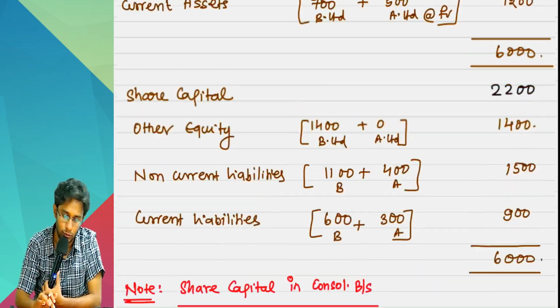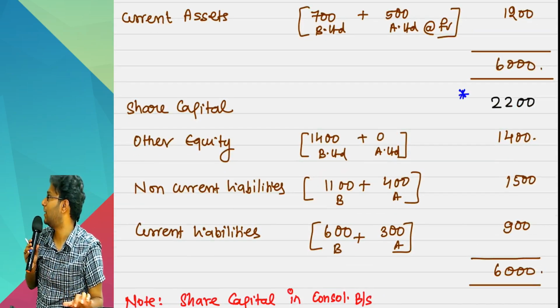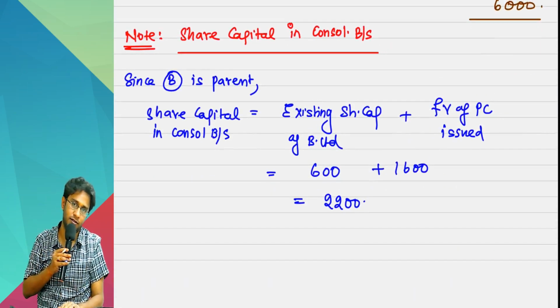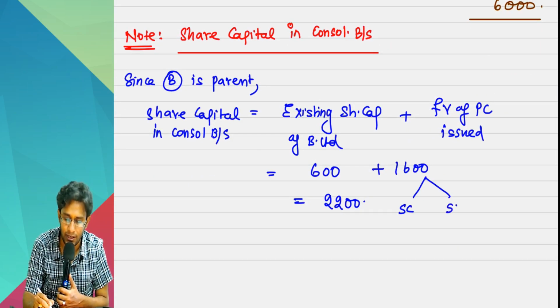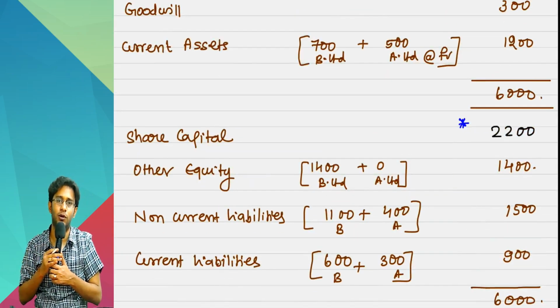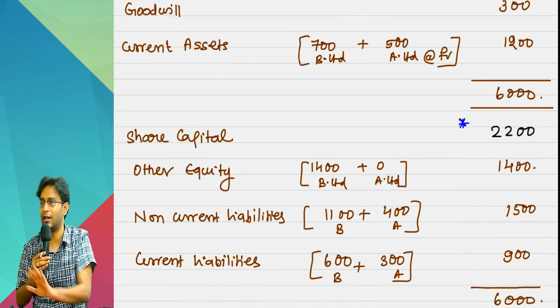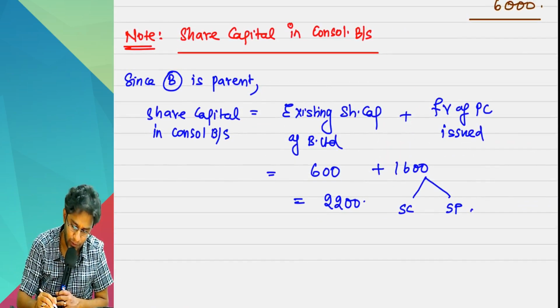In the 2200, I put it as a balancing figure there, but I have a conceptual explanation for this. Sir, even if I split this into share capital and securities premium separately, the overall total will be the same only, no, sir. Whatever I remove from share capital, I'll put in other equity. Okay, that's not the point here.